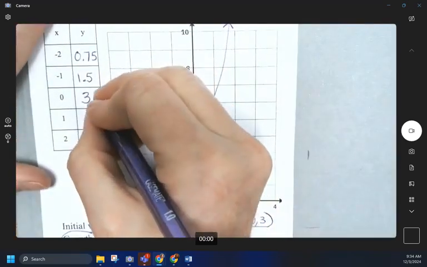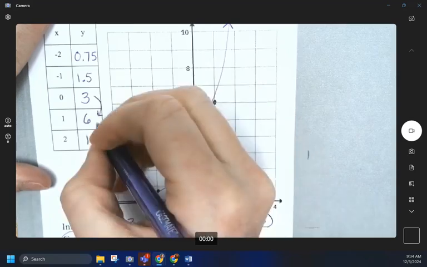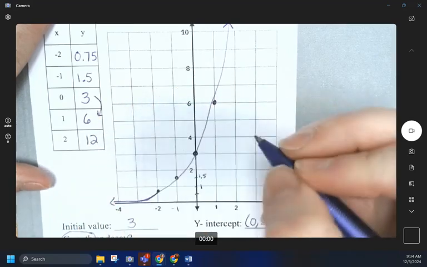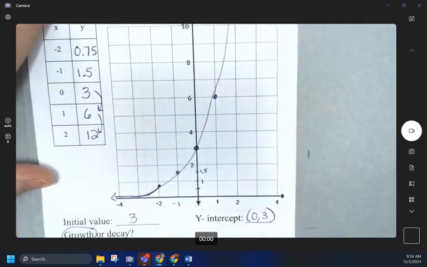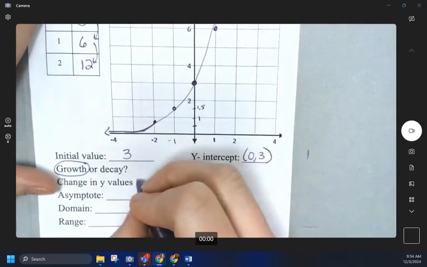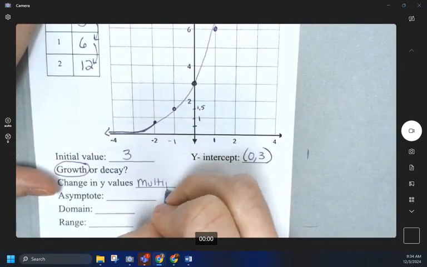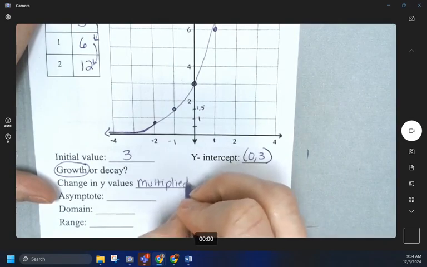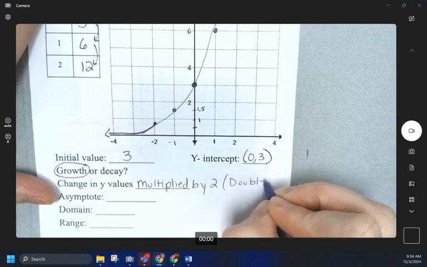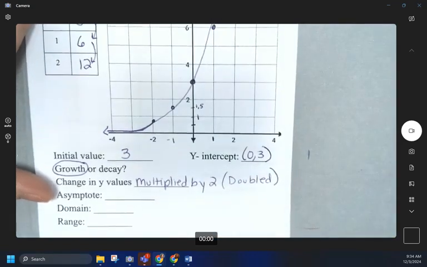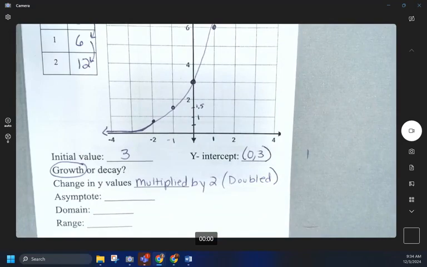What's happening from here to here? But what is it being multiplied by? 2. So our change in our y values is multiplied by 2. Or we could actually say just doubled. So you can write either one on there, multiplied by 2 or doubled.